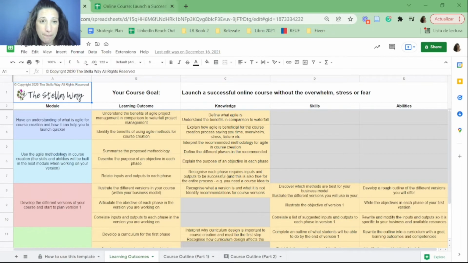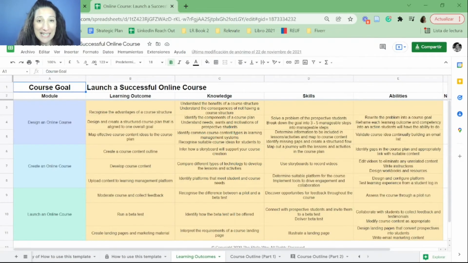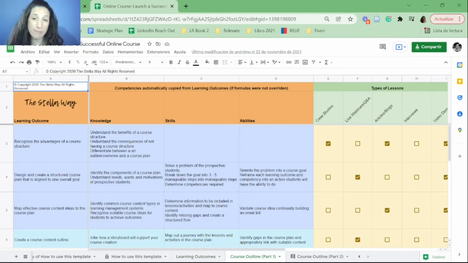So when we understand exactly what they need, that helps us to start to create our course outline. In our course outline, we can then determine the best delivery methods to help our students achieve these competencies and their learning outcomes.